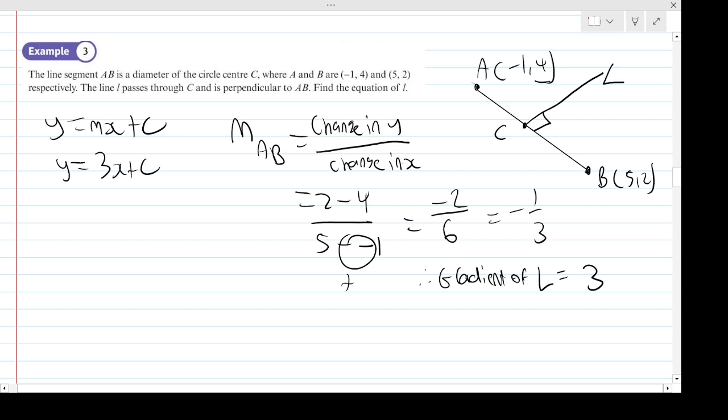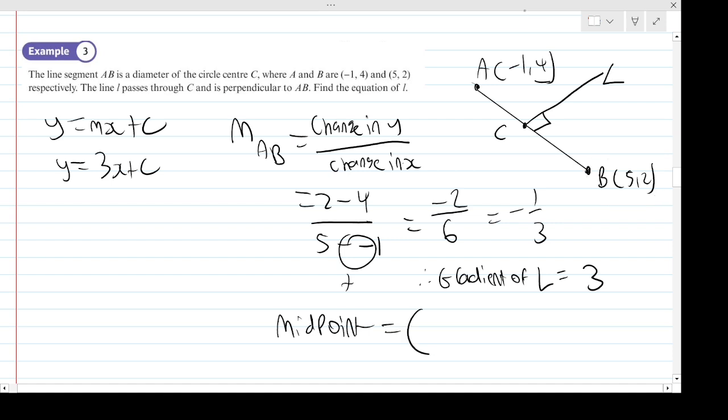Well, to find that, we need a point on the line to substitute into it. But I know that c is a point on the line, the centre. I don't know what the centre is, but I know it's the midpoint, right? I can work out the midpoint between A and B. I worked that out just a few minutes ago.